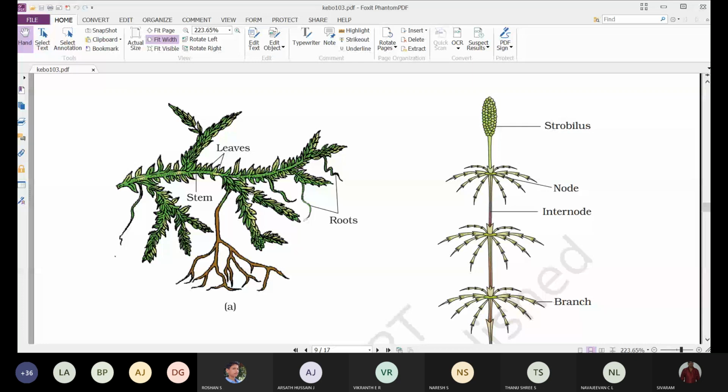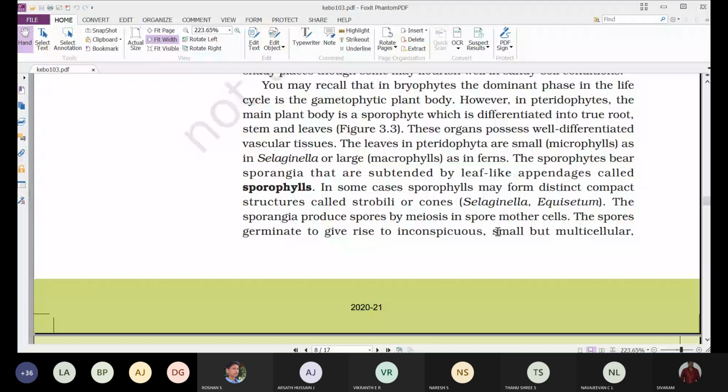That means some leaf-like structures are present, and these leaf-like structures bear sporangia, and such structures we are calling sporophylls.